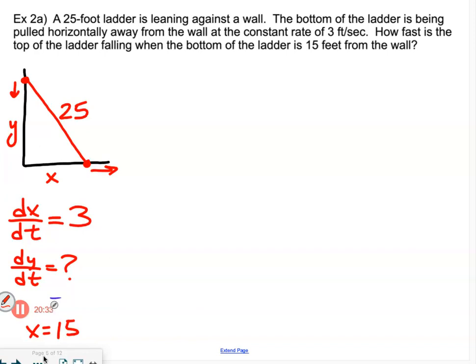You're going with trig? You're going to add an angle in here, a theta? Don't introduce more variables, because theta isn't fixed.